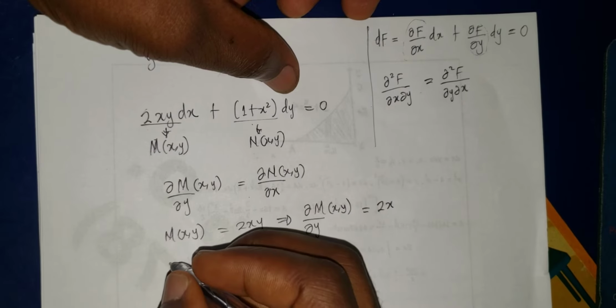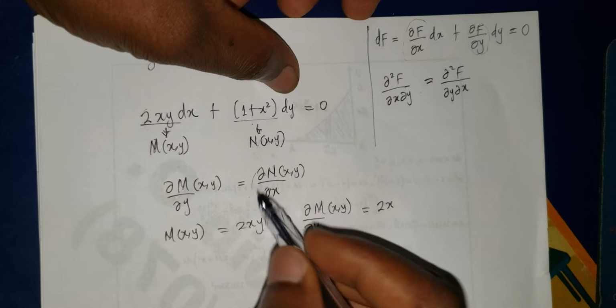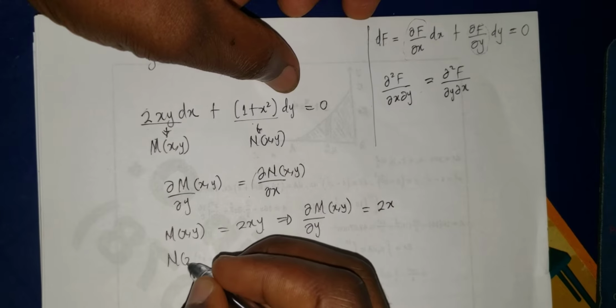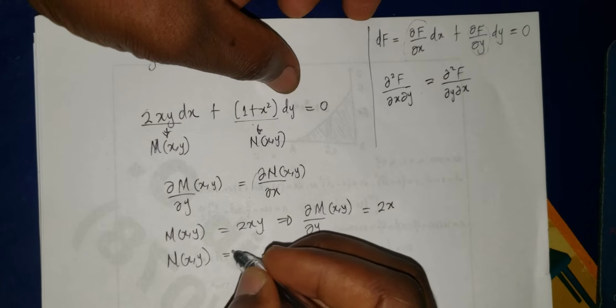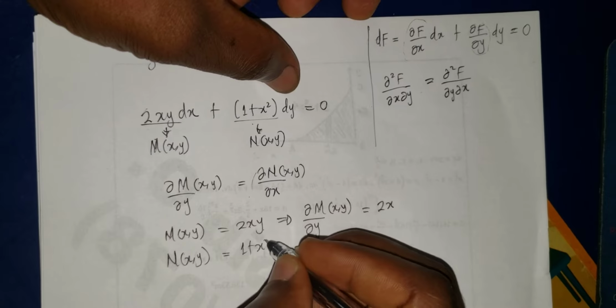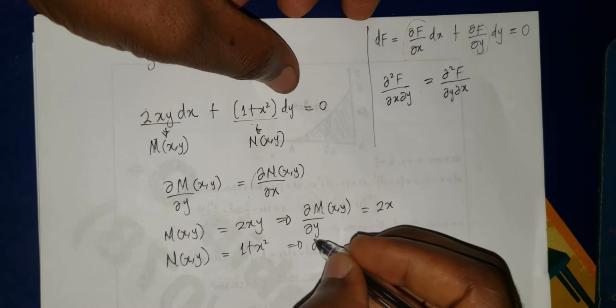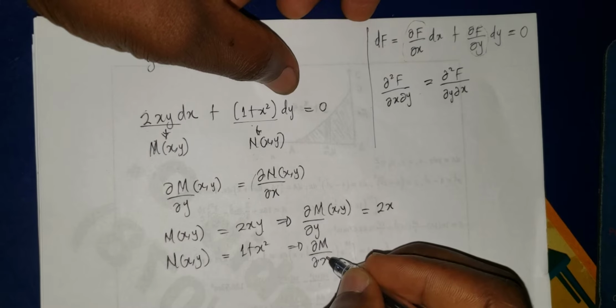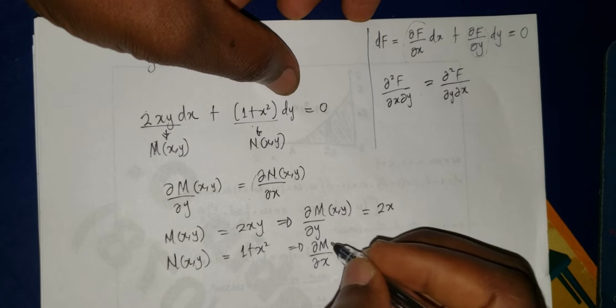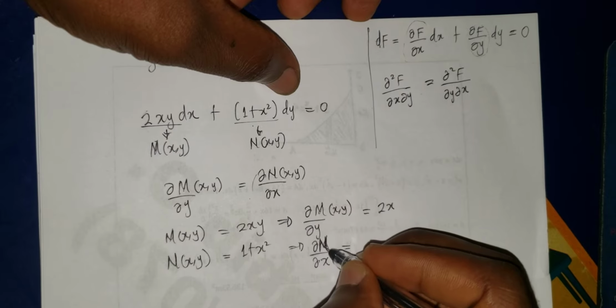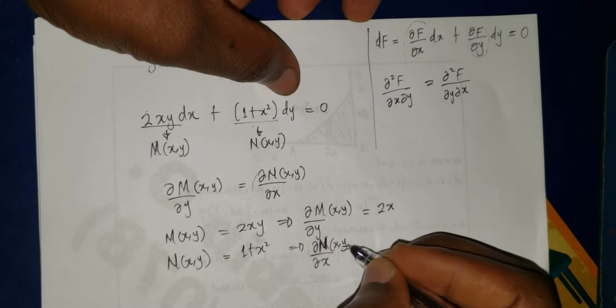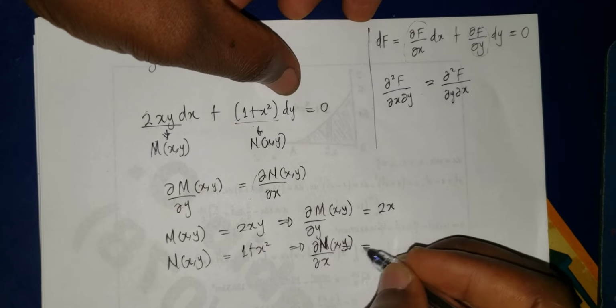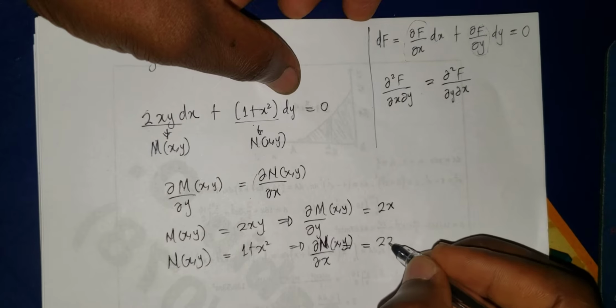Then we differentiate del N del x. Don't forget that N of x comma y is equal to 1 plus x squared. When you differentiate this with respect to x, it's going to give you 2x.